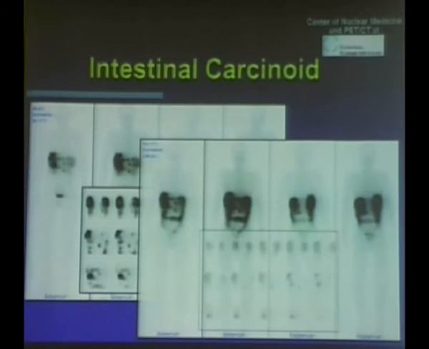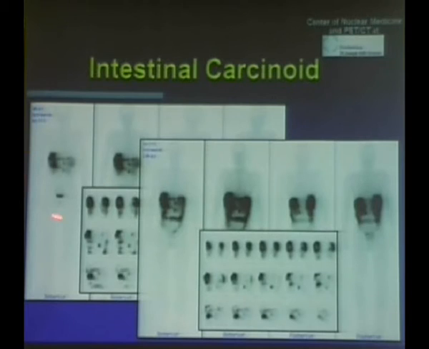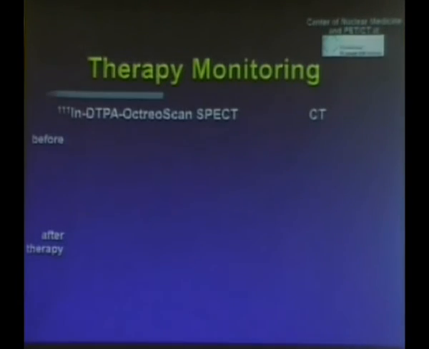And if you compare the 4 hours pictures with the 24 hours pictures, you can see that the contrast is rising, so the sensitivity of this method becomes better and better the longer you wait to produce the scintigraphic results.